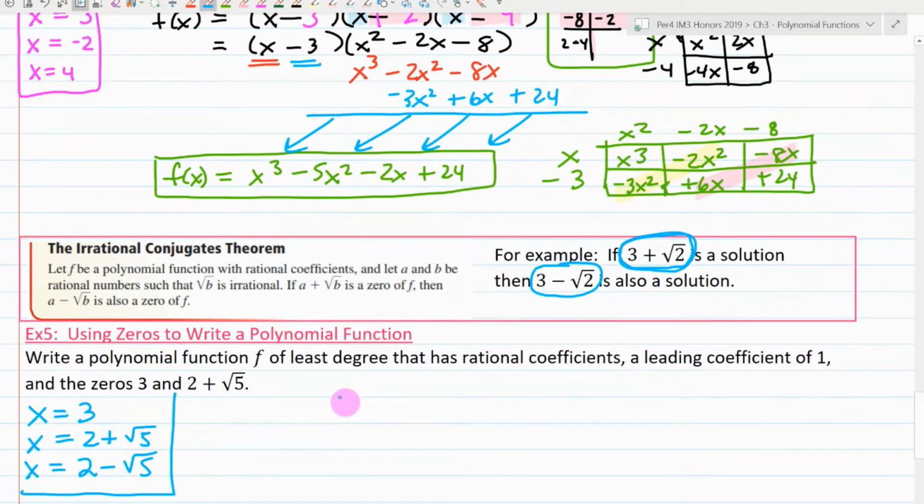Over here, we're going to write x minus those. Let me put this in a different color so you can kind of see what's going on. So we have x minus, and x minus.